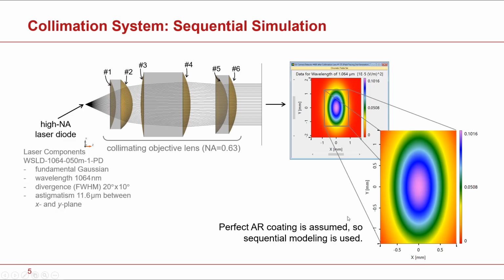In the detector, we can see a very smoothly distributed intensity. Of course, it only happens when all the surfaces are well coated by using perfect anti-reflection coating, so the reflection light from each surface is really marginal and we can neglect them. Then sequential modeling can be used here.